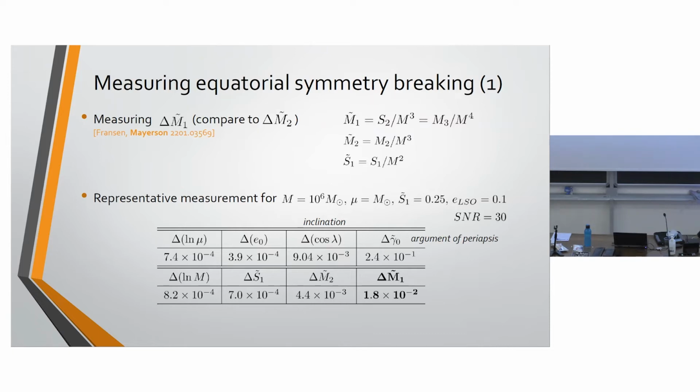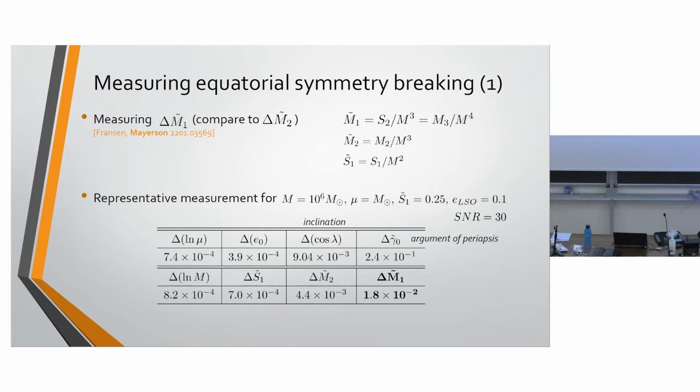For us, the new parameter that we're detecting is this symmetry breaking parameter, and the number I would like you to remember is this 10 to the minus 2, or 1%, which is the accuracy with which we expect to see this effect.